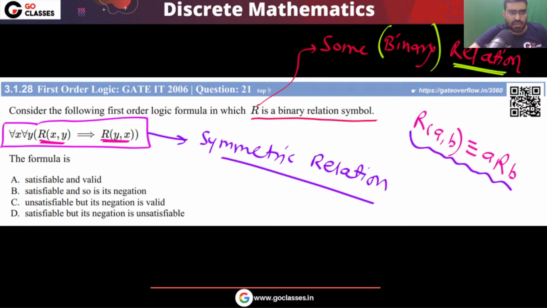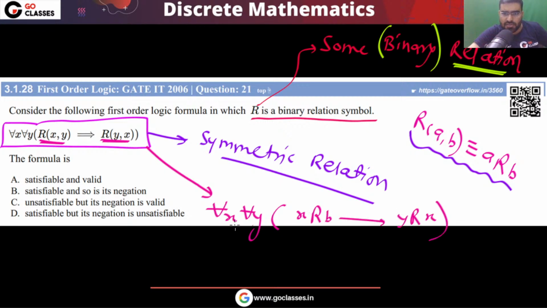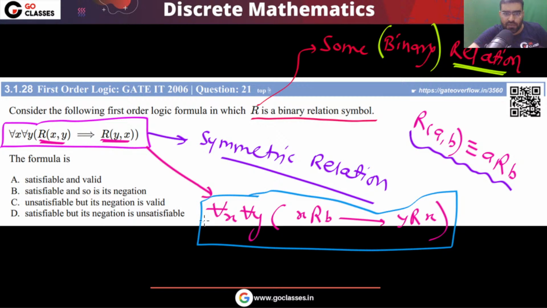If you notice what this statement is saying, it is saying that for every x, for every y, if x is related to y, then y is related to x. This is the definition of a symmetric relation.